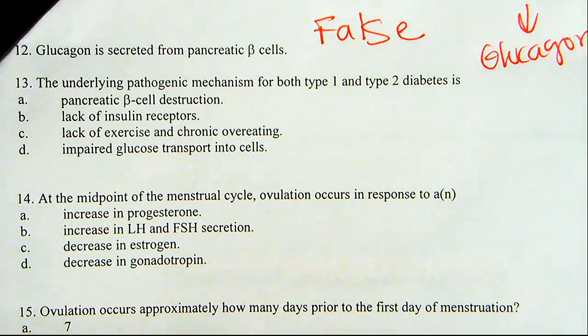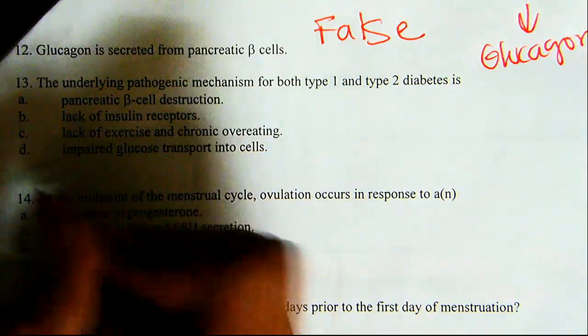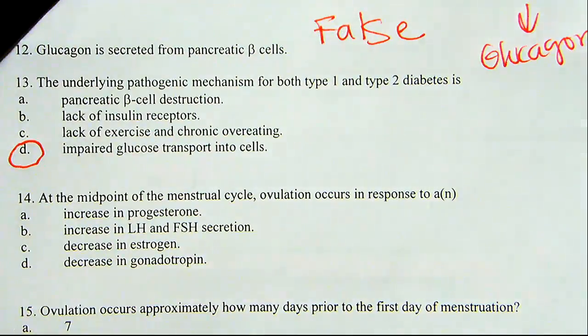The underlying pathogenic mechanism for both type 1 and type 2 diabetes is what? Yes. So impaired glucose transport into the cell.